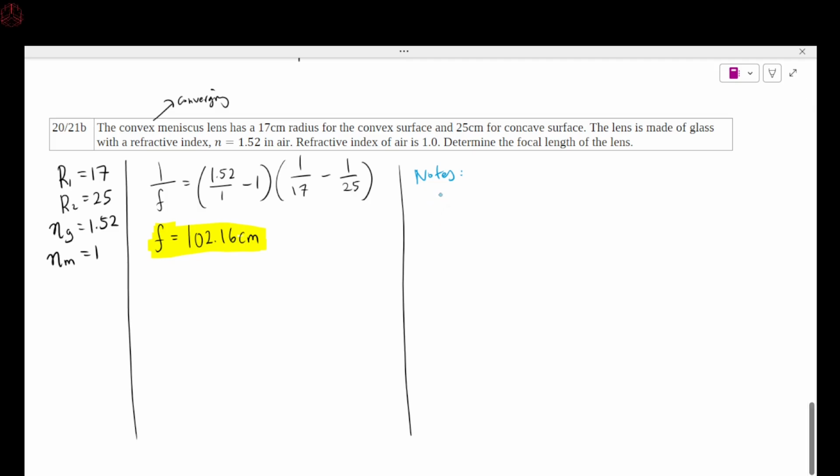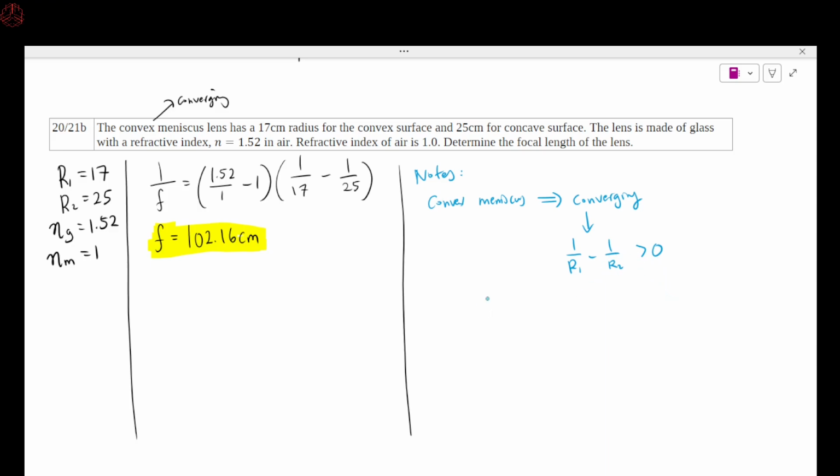The note here is that a convex meniscus is generally going to be converging, and this would mean that my 1 over R1 minus 1 over R2 is going to be positive.